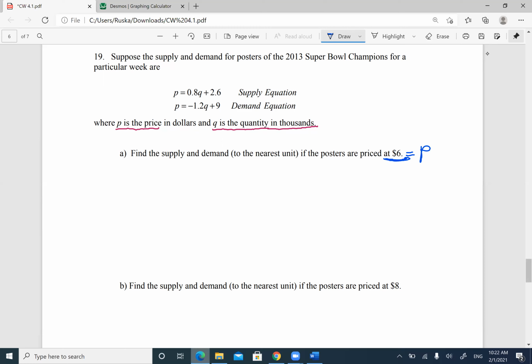So what you're doing, you're going to get the supply first. So the first equation, which is P equals, you're going to replace P with $6. So into the supply equation, I'm going to have 6 equals 0.8Q plus 2.6.